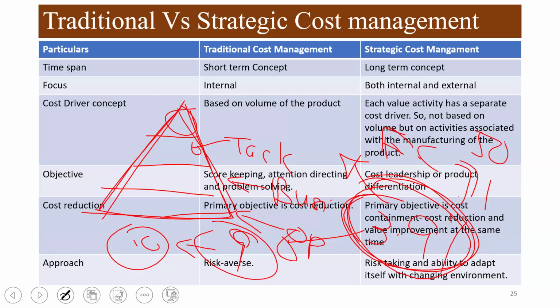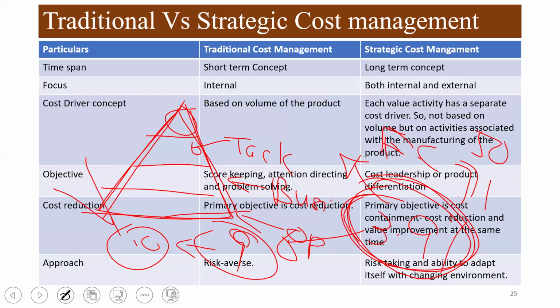So the next challenge is how to get that 10%. If you can't get it, then there is no point doing business. Better to close it and invest in a fixed deposit. So now you have the challenge to make this 10%, right?